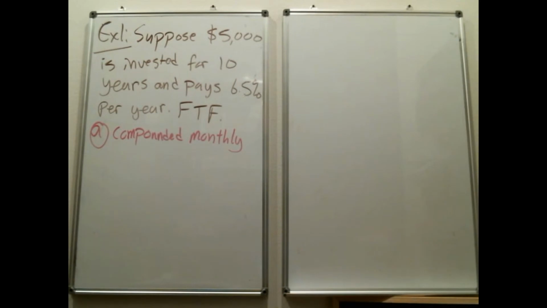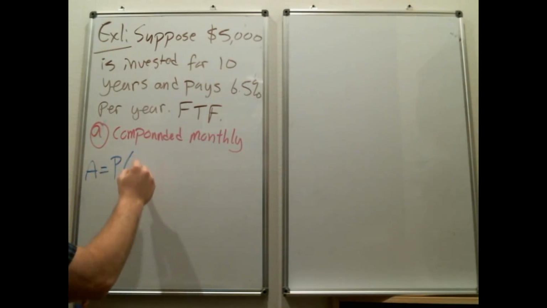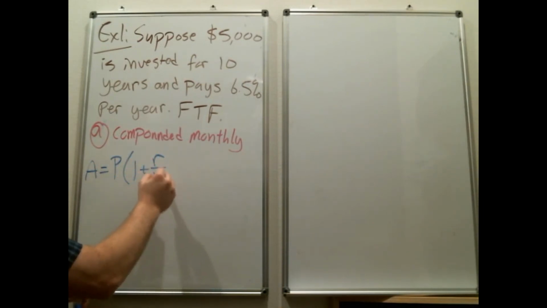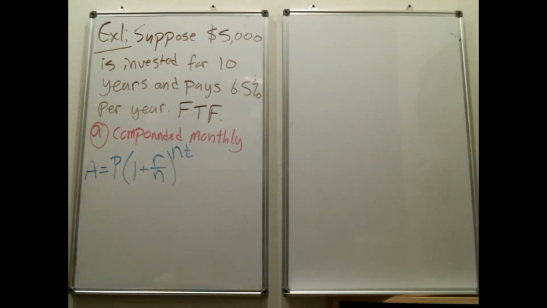So first, let's start by writing our formula and labeling everything that we know. So our formula is A equals P times (1 plus R over N) raised to the N times T power. And how do I know it's this formula? Well, there's only two to choose from.